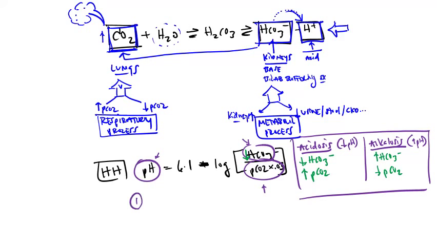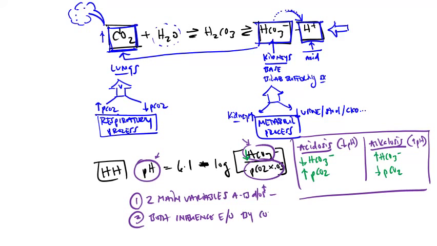So in summary, there are two main variables for the purpose of this lecture that we're going to use to talk about acid-base disorders. And the second is that they can both influence each other by the process known as compensation.